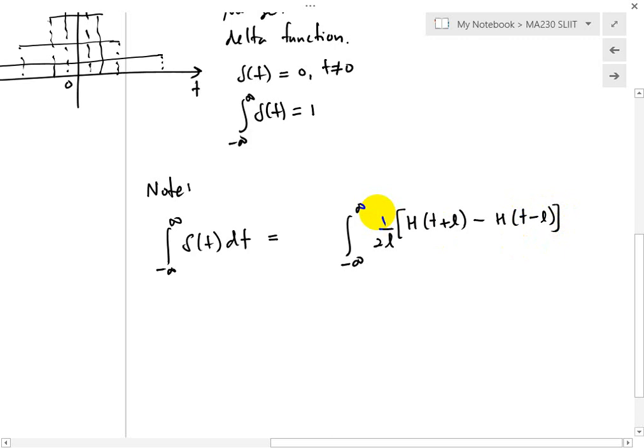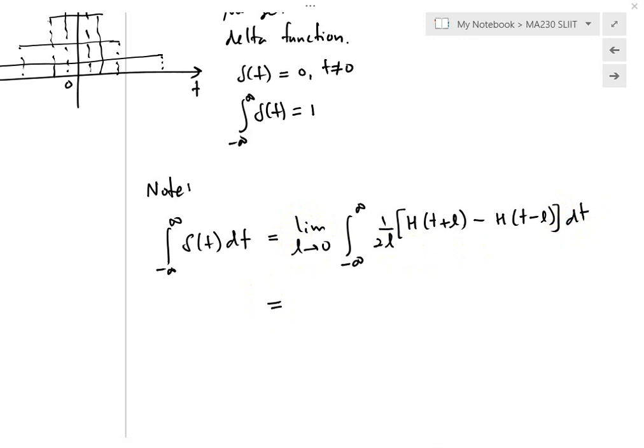If you are integrating from minus infinity to infinity, everything less than minus L is 0, and after L also this is 0. The height in between minus L and L is 1 over 2L, so that's what is written here. So integrate with respect to t, and take the limit as L goes to 0, which is what we want to calculate.